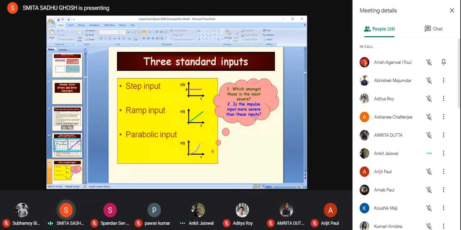In the step also you have an instantaneous application of a particular input, isn't it? So why? Its frequency response will contain all the frequencies, so we'll be testing the system for all the frequencies. That is okay. Testing the system for all frequencies is okay, but the question is whether this is more severe compared to that.